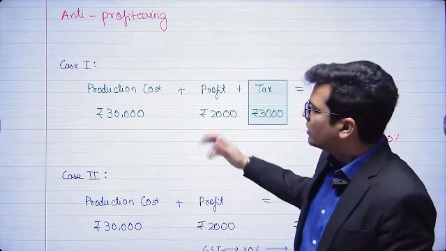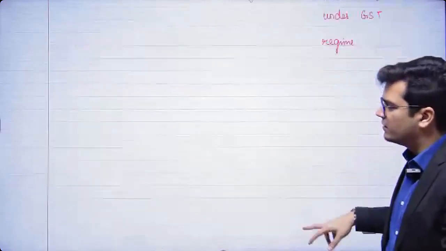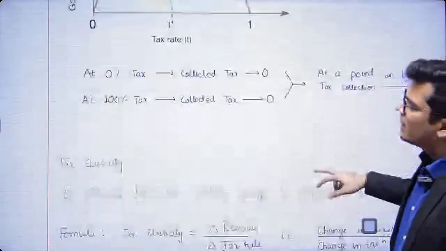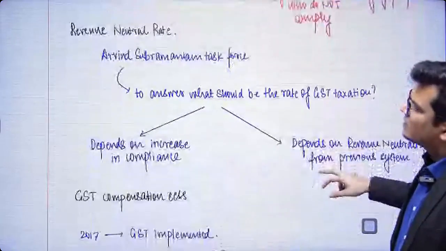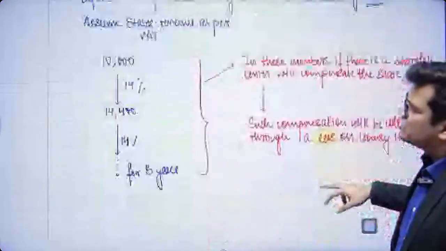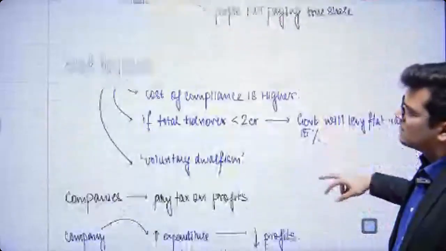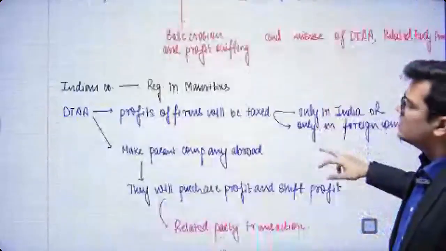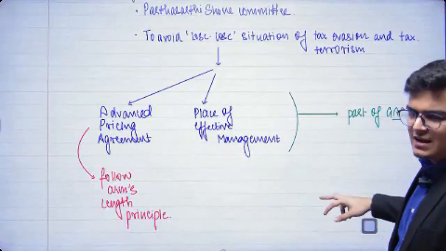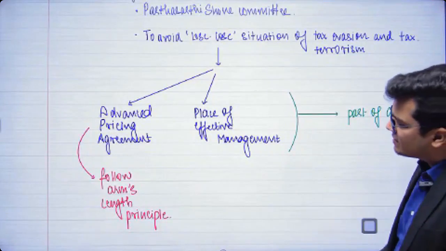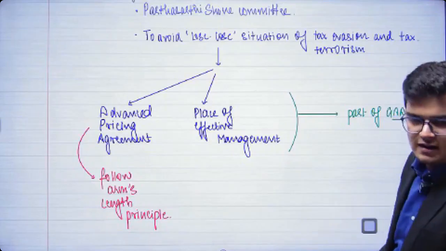And we will read them today only. Called anti-profiteering. This we will read first. Then we will, हमने लैफर कर्व तो पढ़ा ही था, we will read tax elasticity. Then we will read something called revenue neutral rate, GST compensation cess, GST composition scheme, double taxation avoidance agreement, general anti-avoidance rules, advanced pricing agreement, and place of effective management.